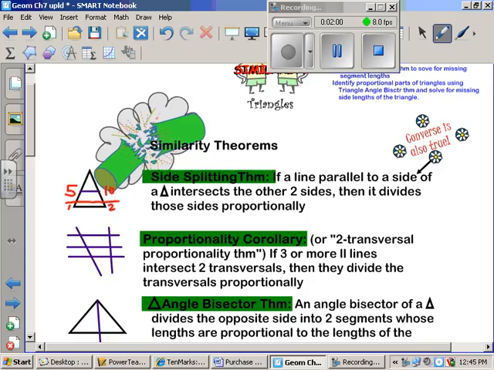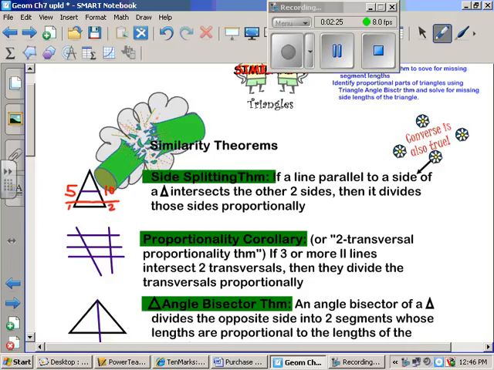They would have the same proportion, same ratio. So any parallel line is going to split the other two sides proportionally. Okay? That's the side-splitting theorem, because it splits the sides.